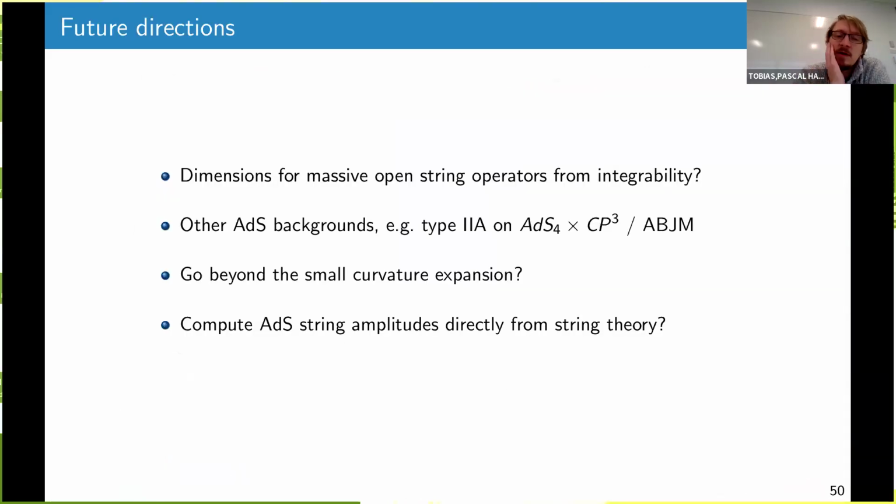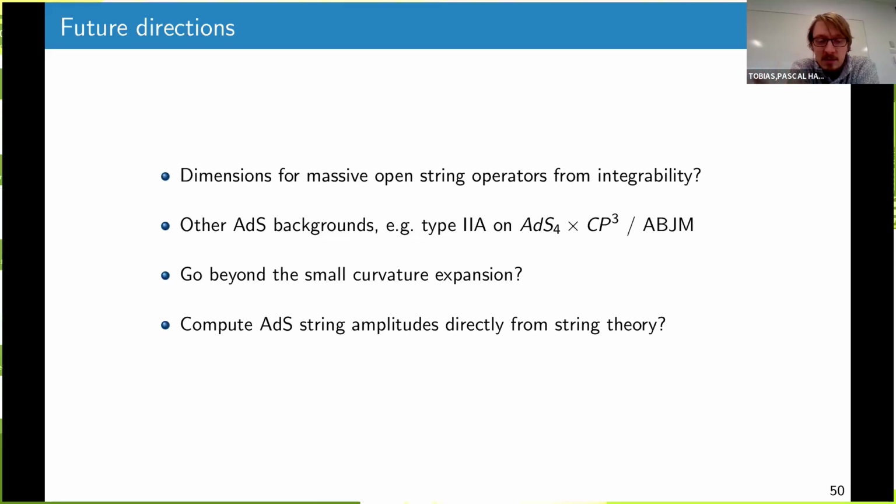Some future directions: can these dimensions for massive open string operators be independently computed, for example, from integrability or from a semi-classical computation? We are also working on doing this on other backgrounds like type IIA on AdS4 cross CP3, which is the 't Hooft limit of ABJM theory. Of course, we would like to go even further beyond the small curvature expansion and maybe get some more results to all orders.